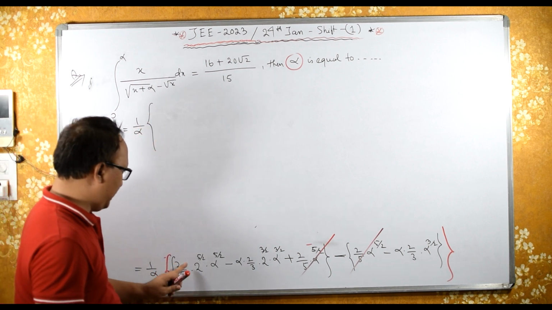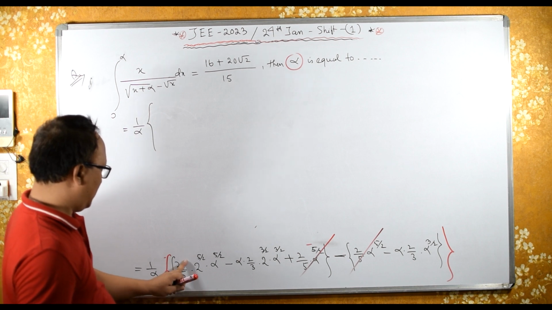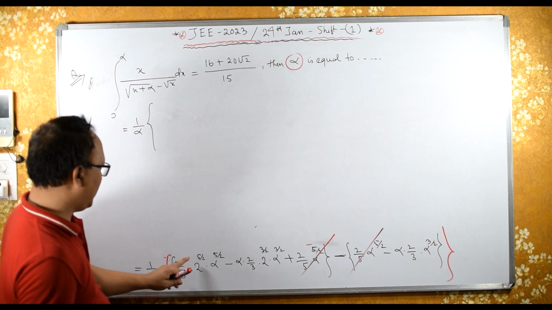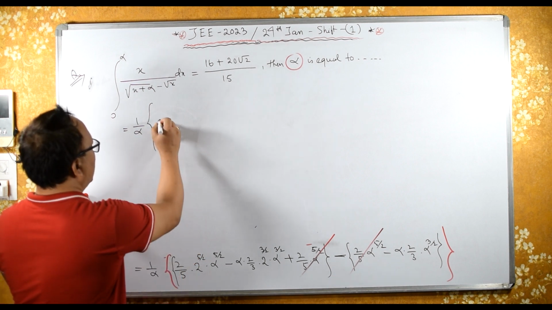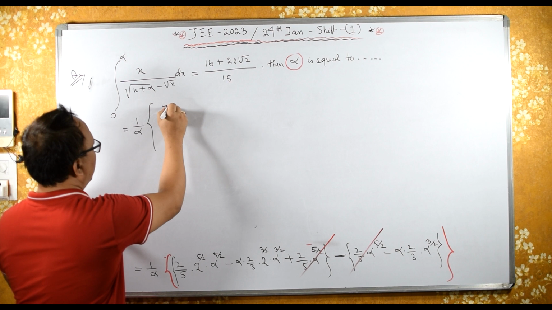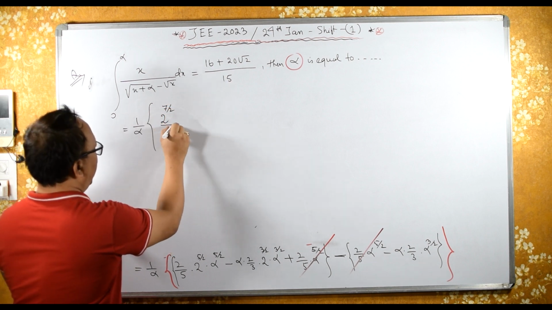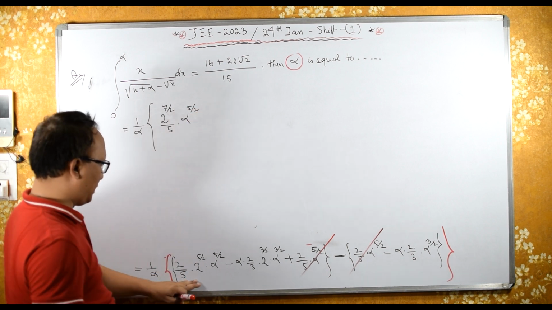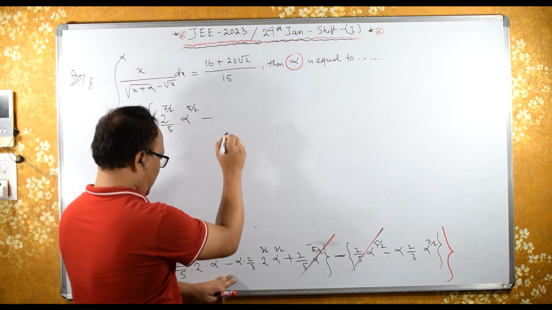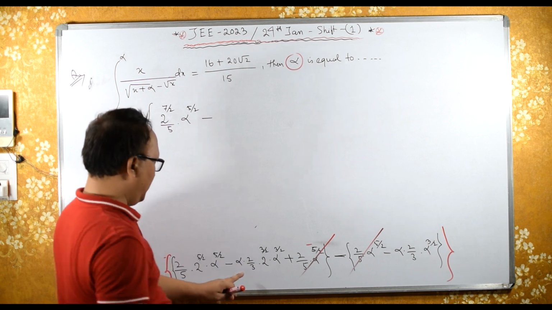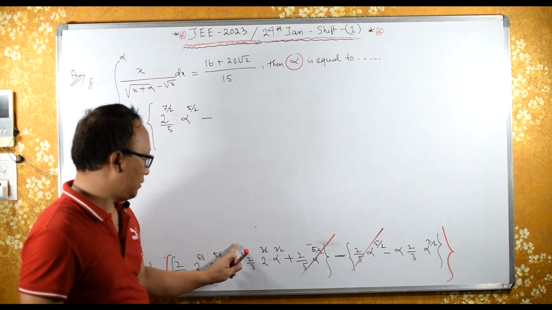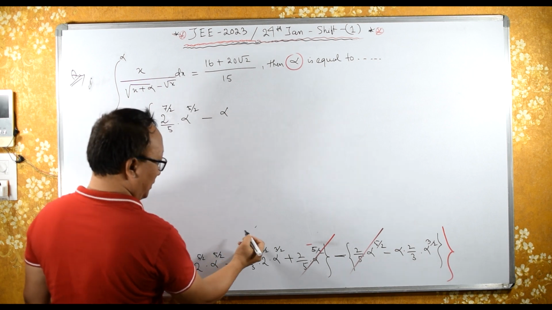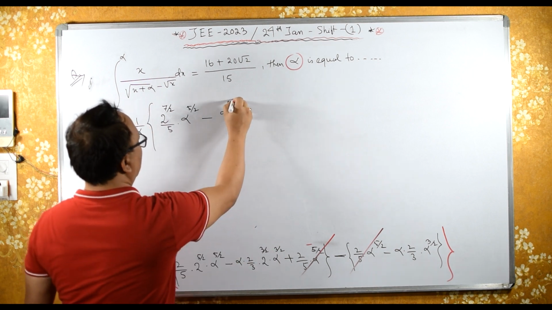Now 2 by 5: 2 raised to 5 by 2 plus 1 is 2 raised to 7 by 2 upon 5, alpha raised to 5 by 2, this term. Minus alpha, here alpha is 1 plus 3 by 2, so alpha raised to 1 plus 3 by 2 is 5 by 2.